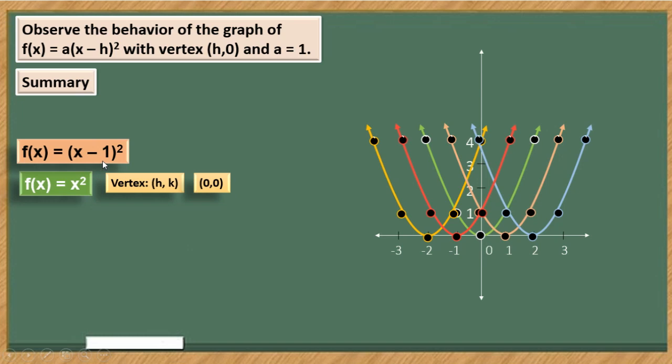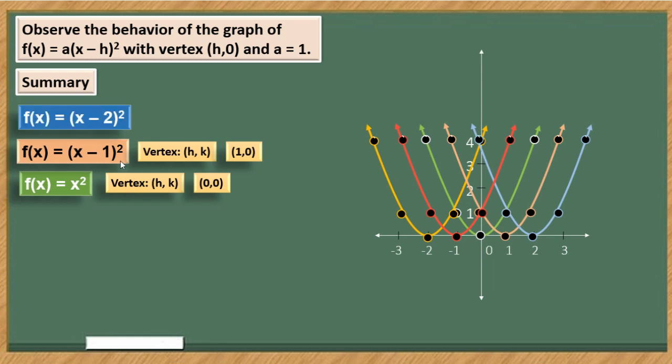Here is our first example, now with vertex at the point with coordinates positive 1 and 0. Let's look at how the graph behaves. The graph is translated 1 unit to the right. In our example 2, the vertex is at the point with coordinates positive 2 and 0.